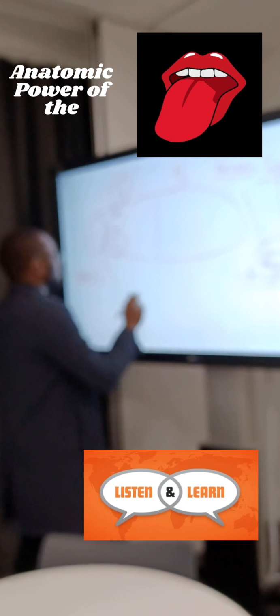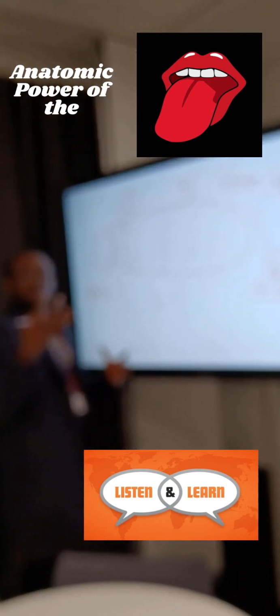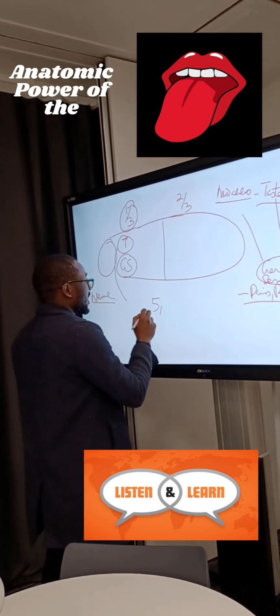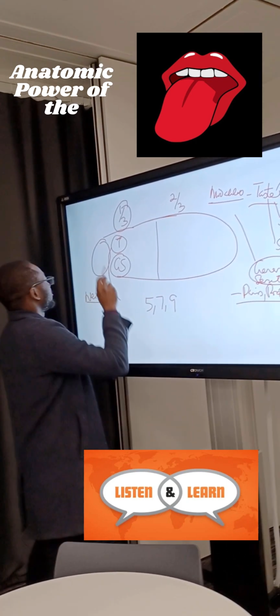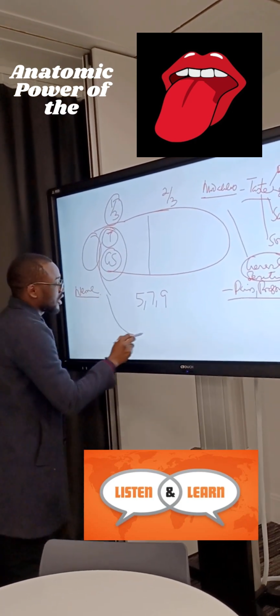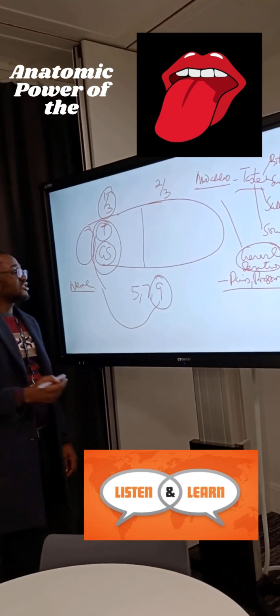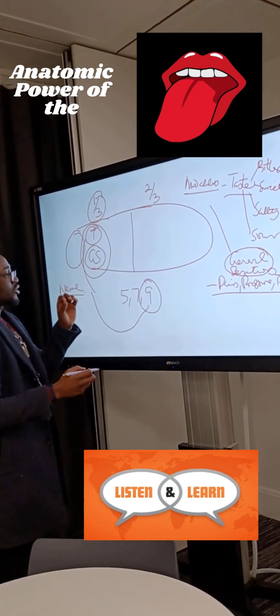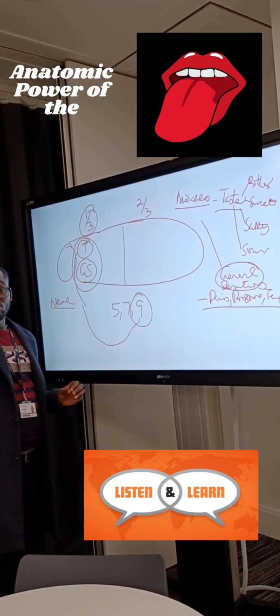So one of the things I tell the students to remember, whenever you think of the tongue, why it's powerful, it's supplied by 3 nerves, 5, 7, 9. So taste and general sensation is handled by the ninth cranial nerve, which is the glossopharyngeal. It's easy to remember because from the name glossopharyngeal, the pharynx is at the back of the throat.